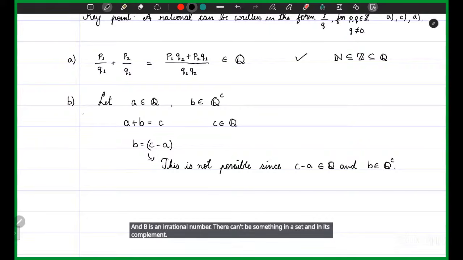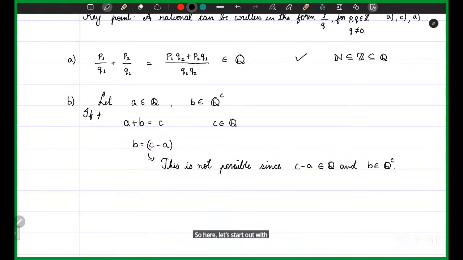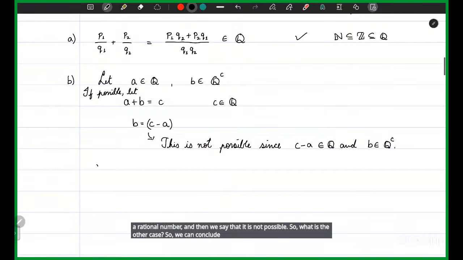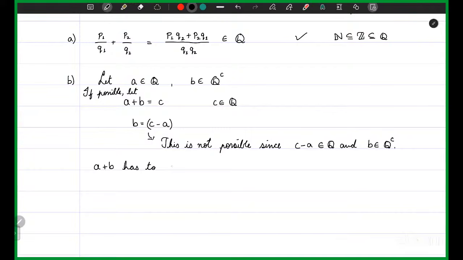So here let's start out with, if possible, let A plus B equal C, where C is a rational number, and then we say that it is not possible. So what is the other case? So we can conclude that A plus B has to be irrational.